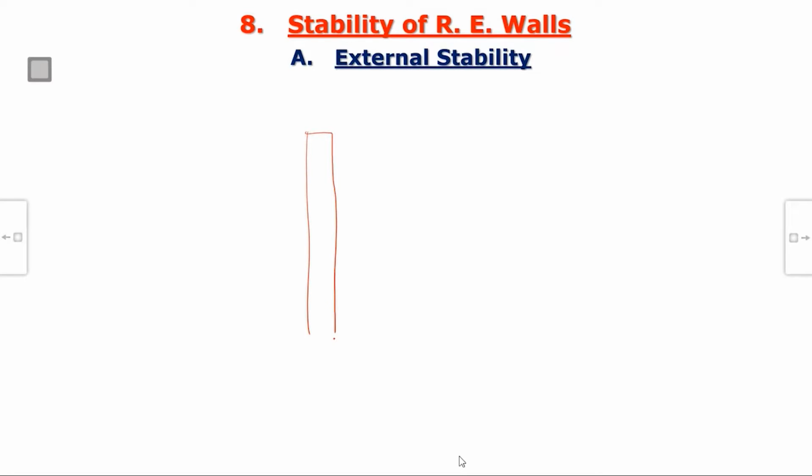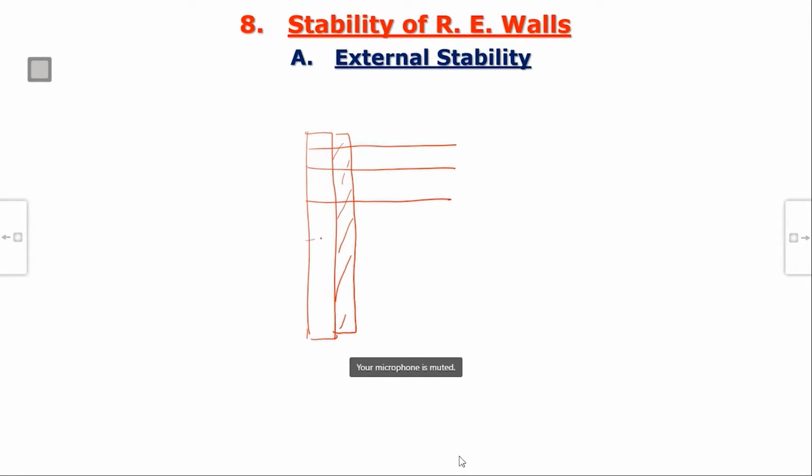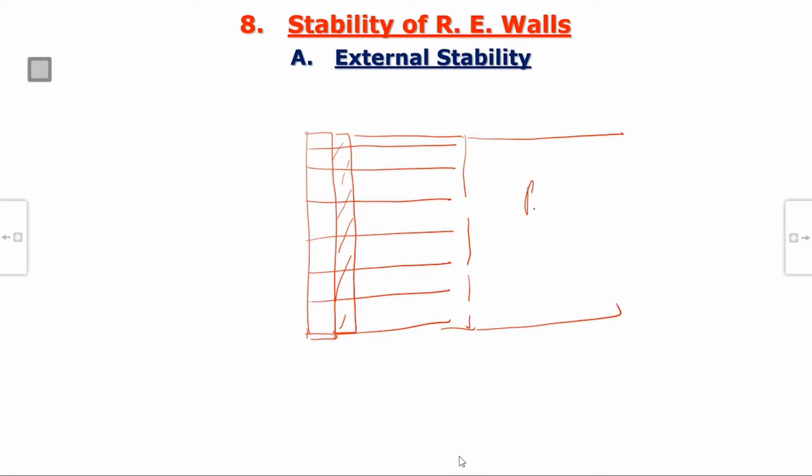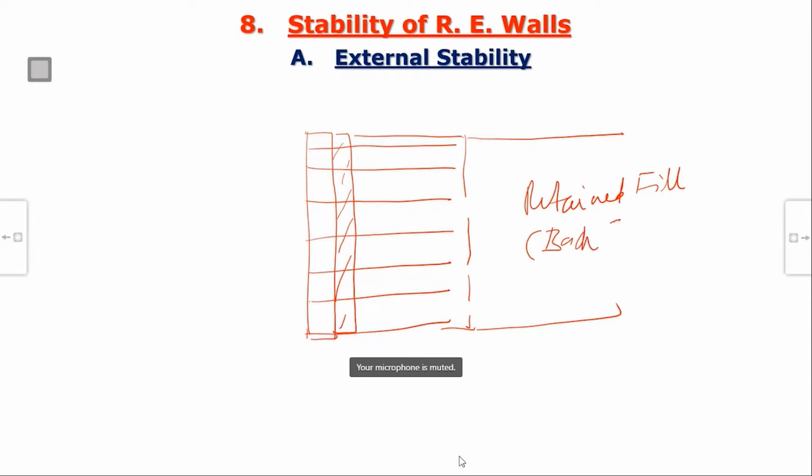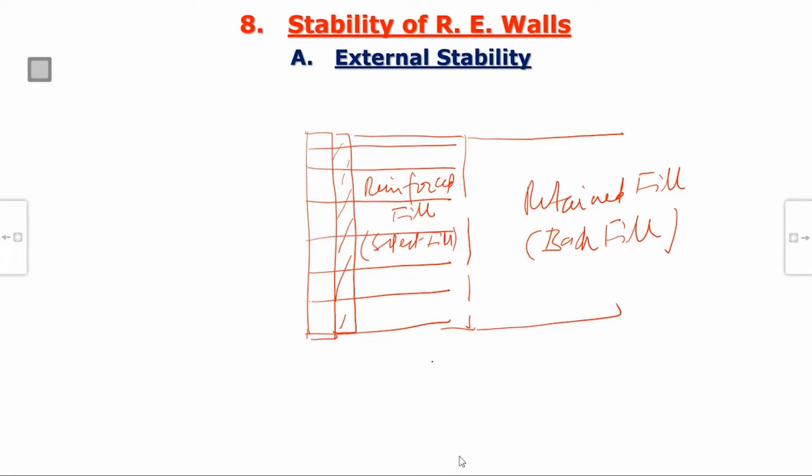If this is my RE wall, this is my drainage, this is reinforced fill, this is my backfill, or retained fill, this is my reinforced fill or select fill, and this is my foundation soil.